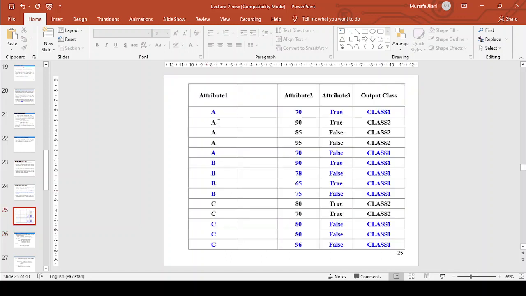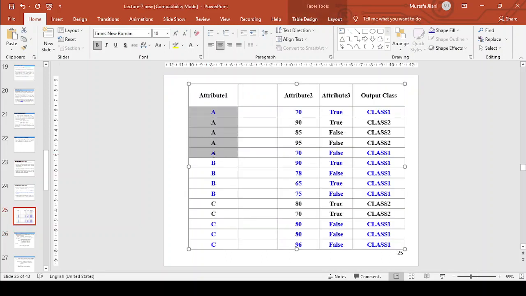But if I just consider A, and consider class 1, how many values of attribute 1 equal to A belong to class 1? How many belong to class 2? You can see here, A comma class 1 is 2, and A comma class 2 is 3.